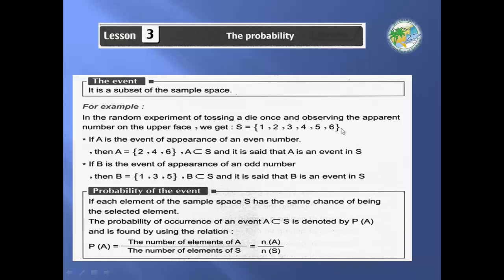If A is the event of appearance of an even number, then A equals 2, 4, 6.